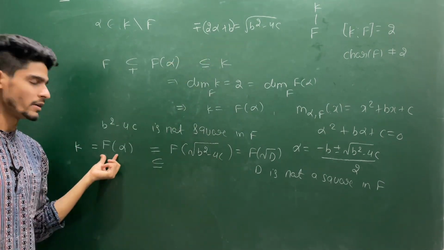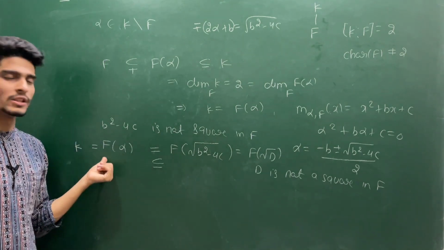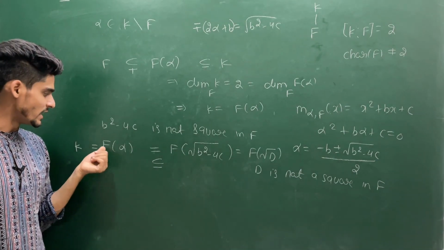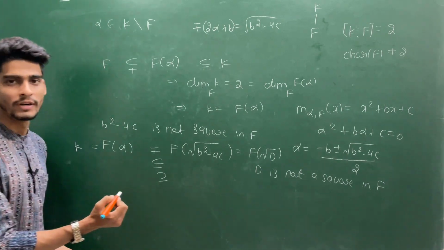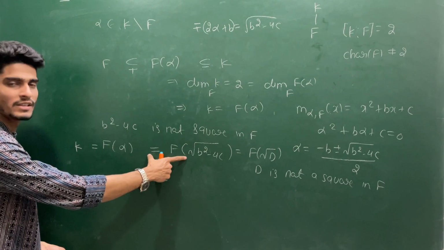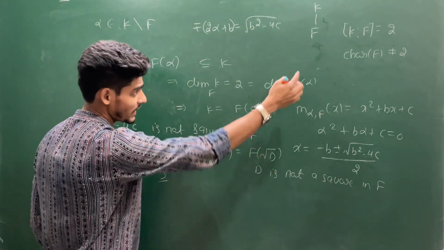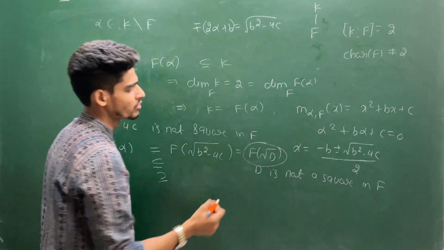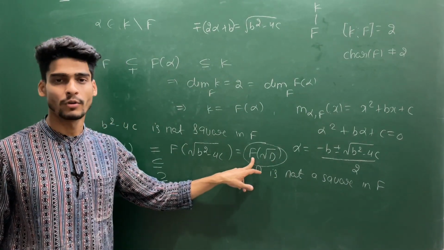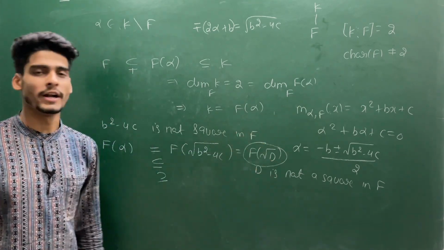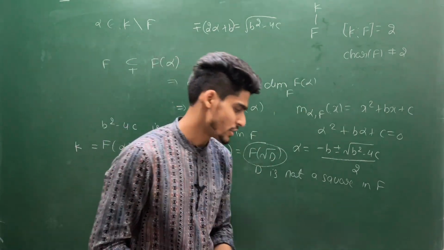So this element is here. So this is the smallest field containing F, and this element is already here, F is already present here. So this is a field containing F and containing this element. So this contains this whole field by definition. So this F(alpha) is same as this. So every 2 degree extension looks in this format: F(square root of d), where d is some square free element in F, or you can say d is not a square in F. So this is the characterization of 2 degree extension.